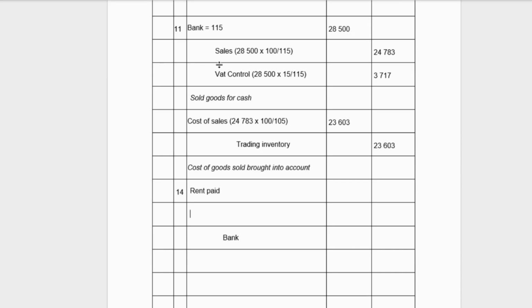And then when we sell, up there on transaction number 11, it is VAT output, and we have to credit it together with what we are selling. You see now. So when we pay, VAT control must be debited. It's VAT input, VAT control.